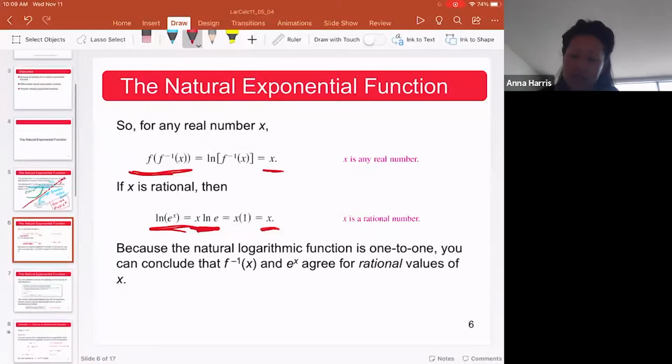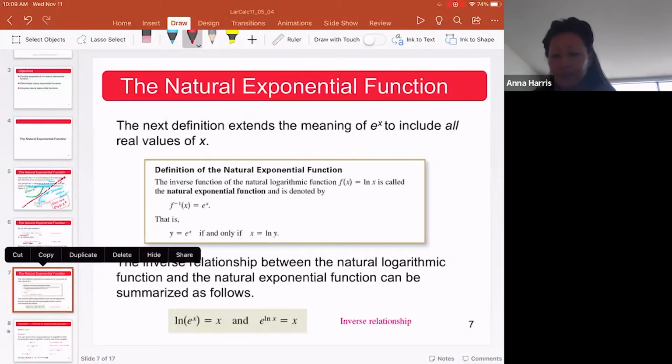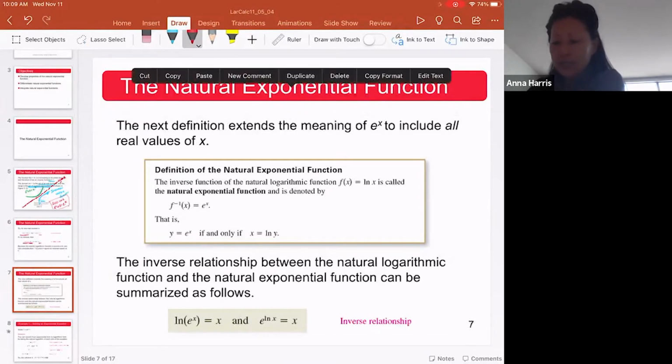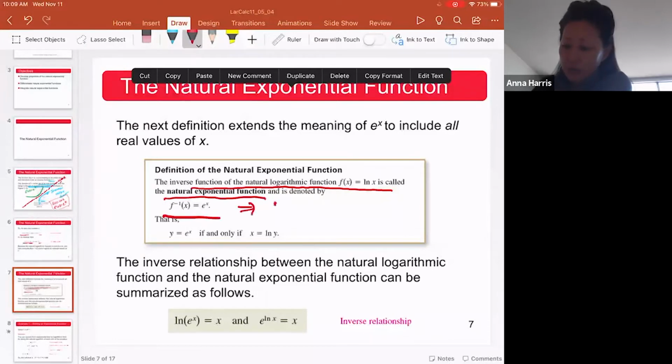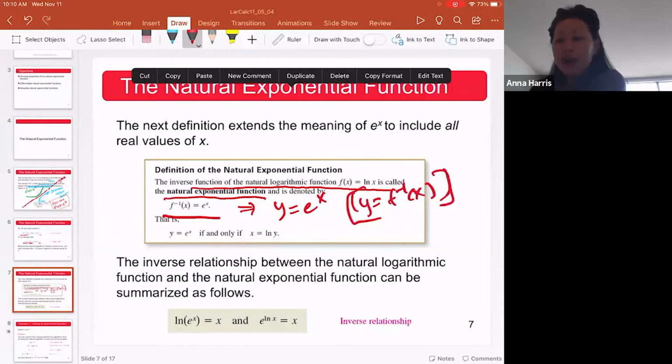All right, now let's look at the properties. We know the inverse function of the natural log function is called the natural exponential function. It's defined like this. So if I rewrite this problem as y equal to e to the x, I'm saying y is the same as f inverse of x. If I write it down like this, then I can say y equal to e to the x if and only if x is equal to natural log of y.